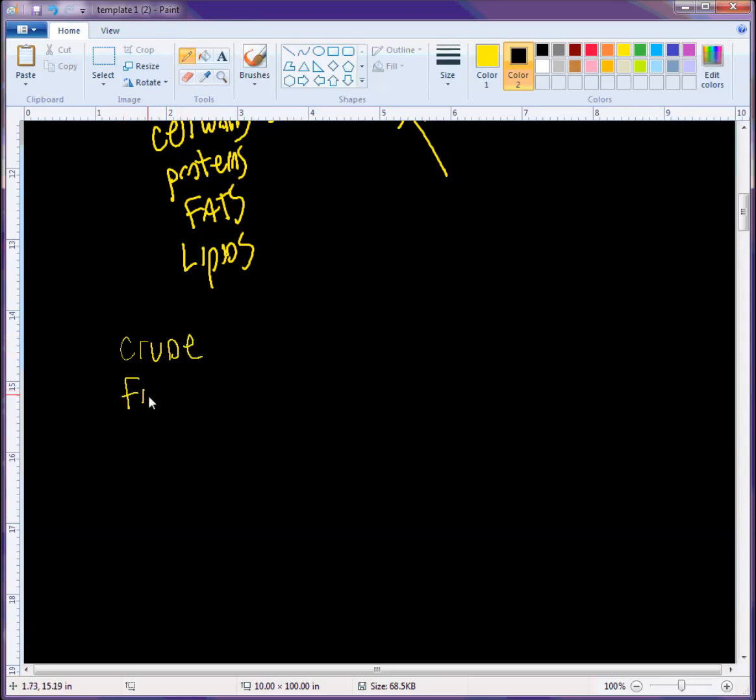The crude filtrate transforms, and they treat that with proteases. Now they removed most of the protein already, but they're not sure that they got it all, so they want to get all the protein. So they add proteases, and the proteases degrade protein into individual amino acids.